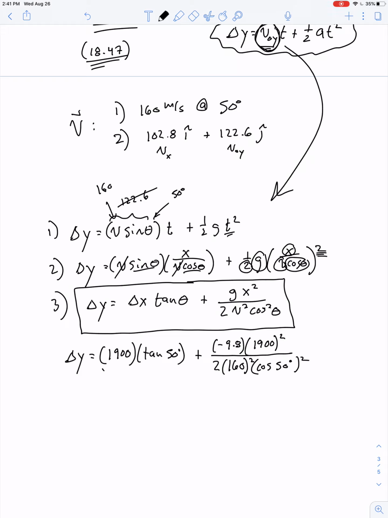So this term gives us 2,264.3, okay? And this term gives us negative 1,672.3.